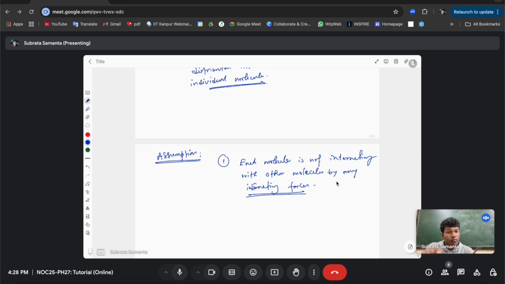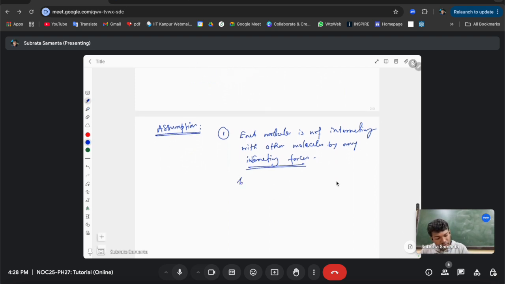But if there is no force, they can still collide, because the motions of particle A and particle B are random, so they can collide.